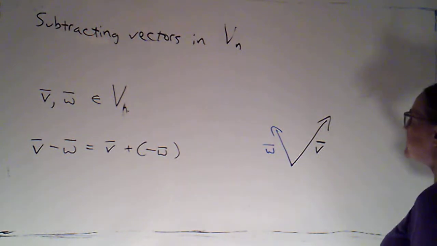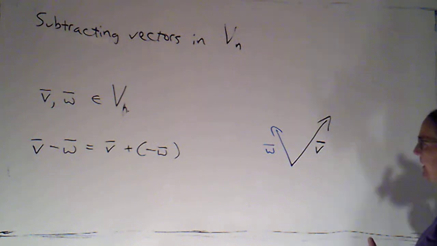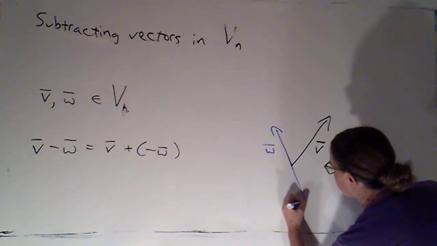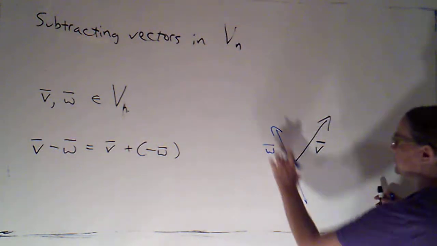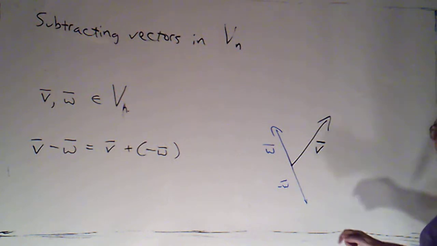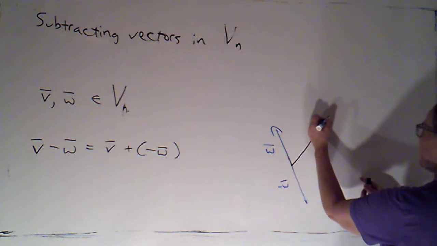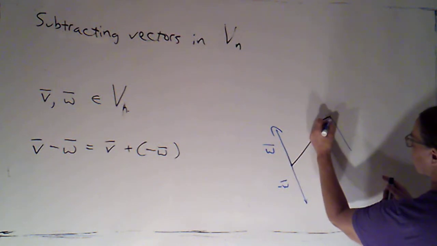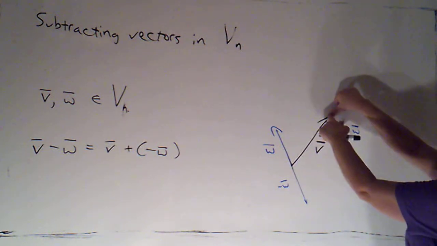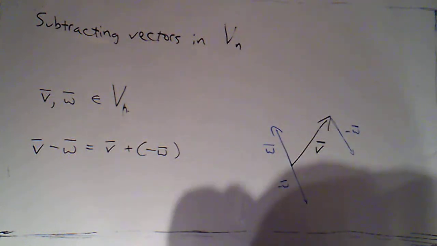Okay, so what does V minus W then look like? Well, if this is W, I'm going to go ahead and draw in the opposite of W, which would have the same magnitude and just the opposite direction. Then to accomplish V plus the opposite of W, I would take the opposite of W and I would translate that so that its tail is at the tip of V. And then the resultant vector, let's just get a new color for that.